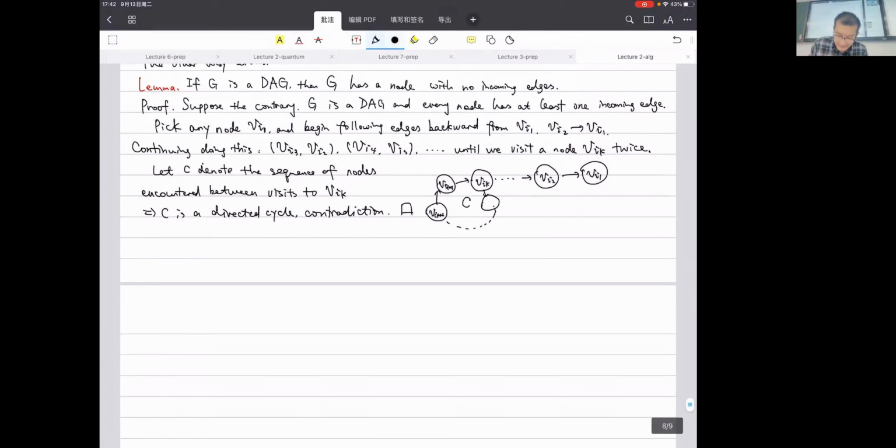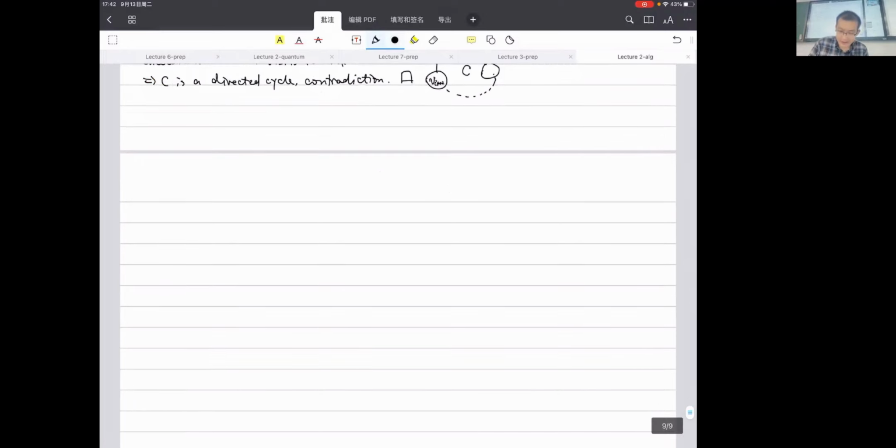Okay, so this gives a lemma that we showed, and we are going to use this lemma to prove the other direction that we want. This time it is going to be a theorem. If G is a DAG, then we can find a topological order.